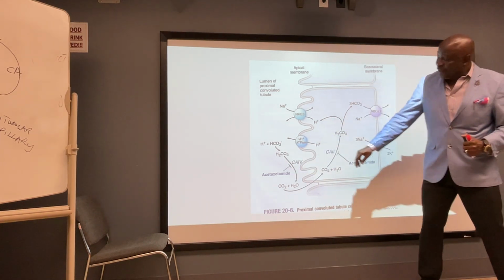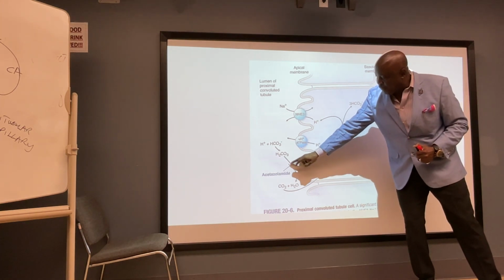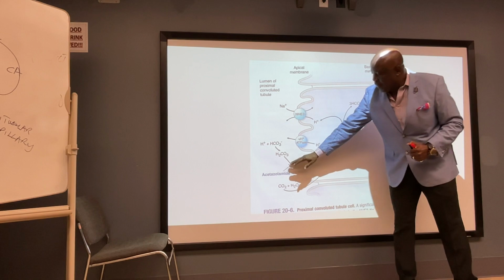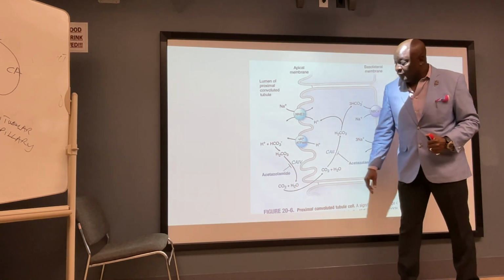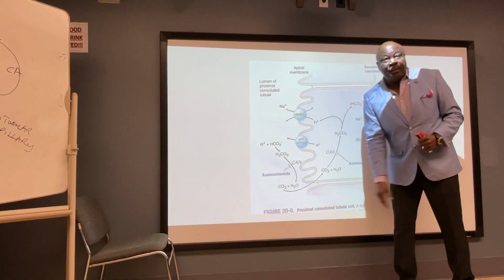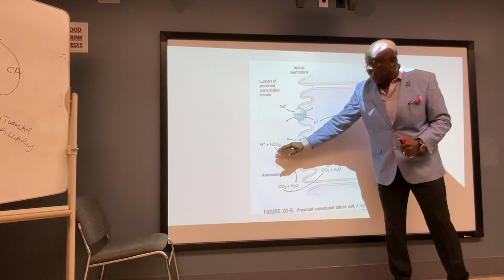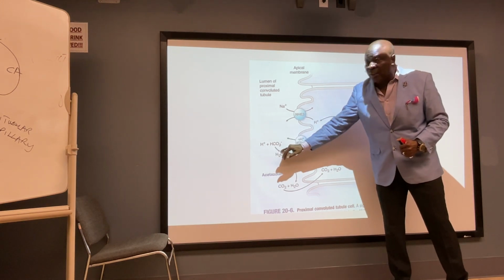So let's see what happens if carbonic anhydrase is blocked here. When it is blocked here, this is not converted to this, right? So where does this carbonic acid go, or the bicarbonate, where does it go?